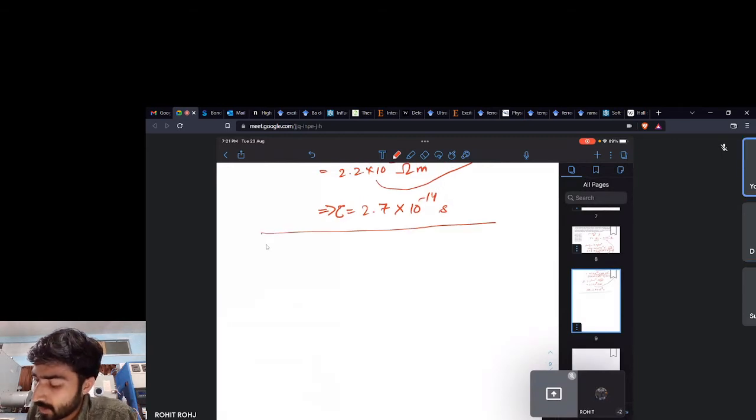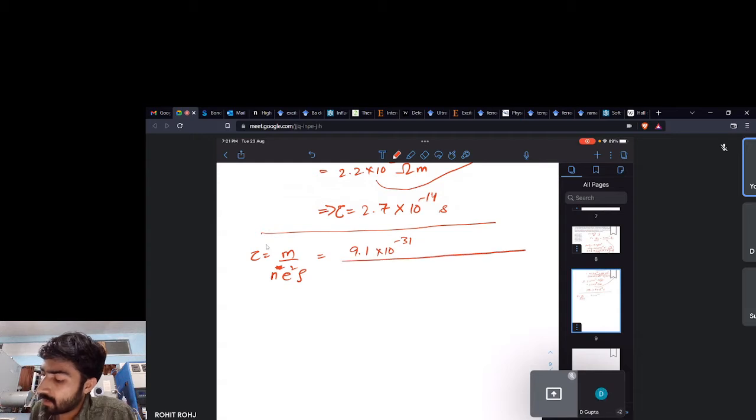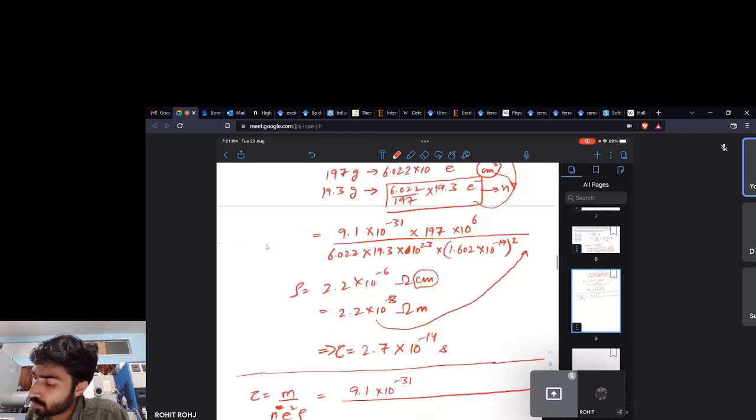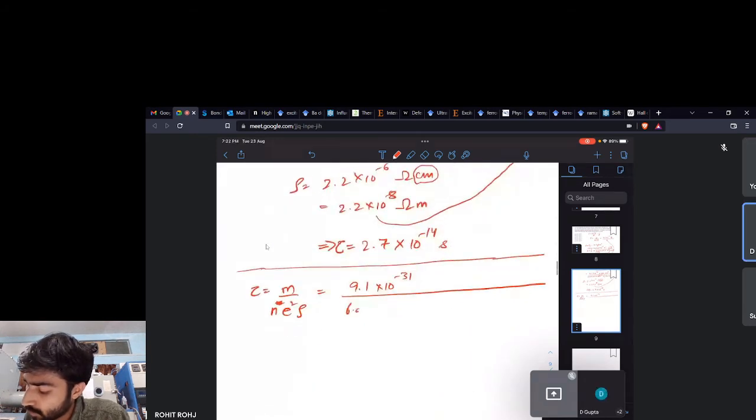So as we know, tau equals m divided by n e squared rho, and we have 9.1 into 10 to the power minus 31. I'll just use a big denominator here, and n is 6.022 into 10 to the power 23 multiplied by 19.3 divided by 197.